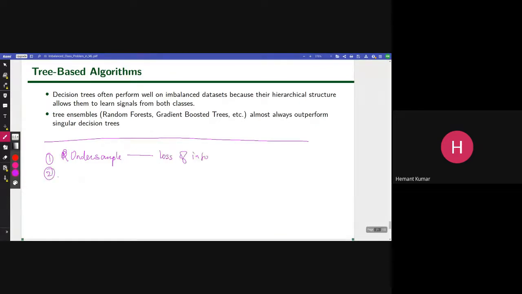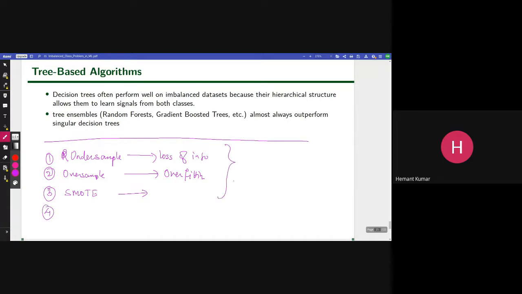The second approach is oversampling, whose disadvantage is overfitting, as it tends to overfit the data, and we overcome these two using SMOTE.